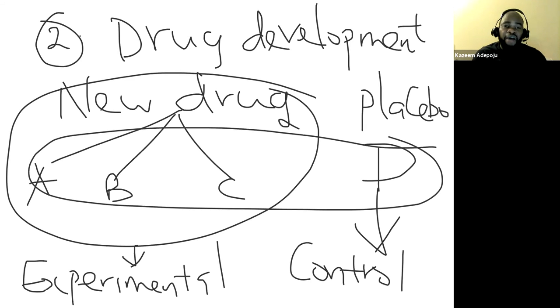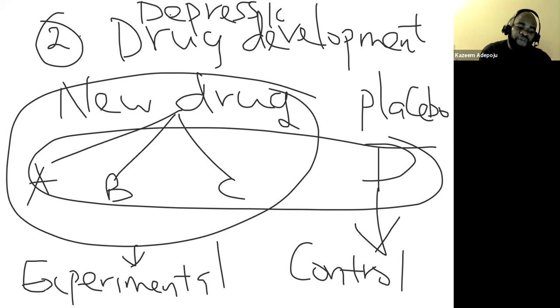Maybe with the new drug we're proposing, you want to look at the effect of this drug on depression. Of course, if you want to do this, this is analysis of variance.